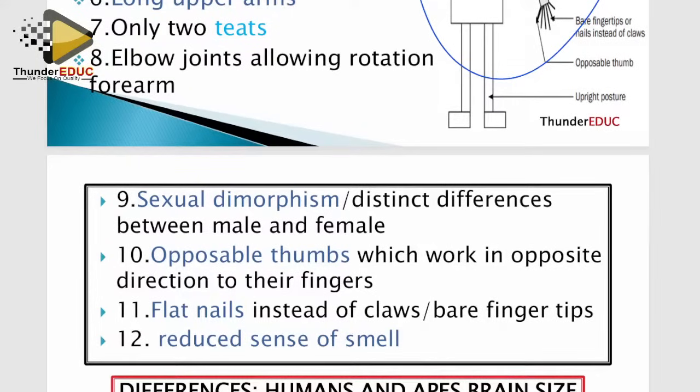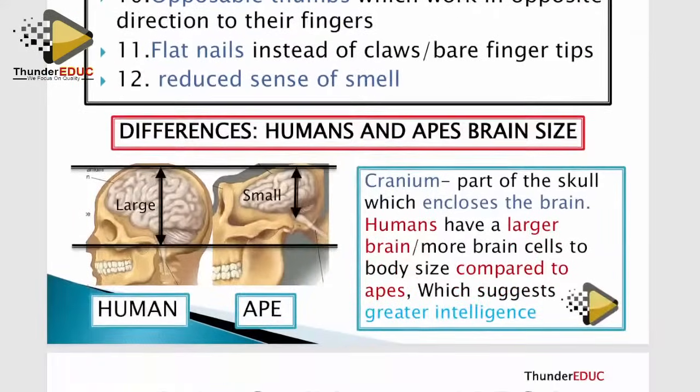Let me go to another section. Then we go to this one: a difference between humans and apes in terms of cranial capacity. They can ask you how the cranium is linked to intelligence. The cranium is the brain box. The bigger the cranium, the more brain cells, the higher the intelligence. The cranium is big compared to the body size.